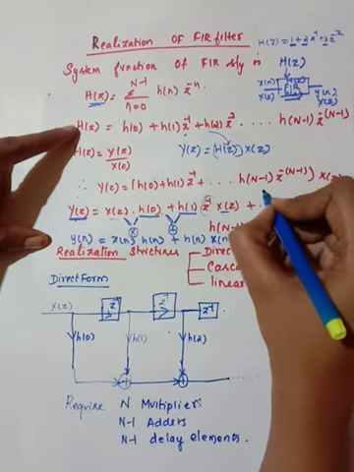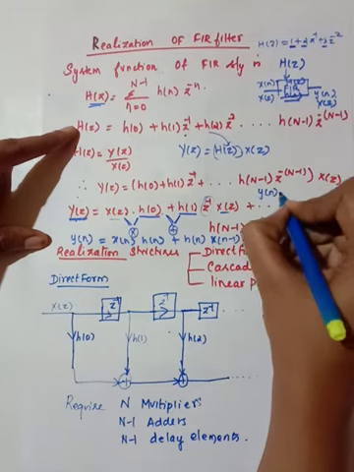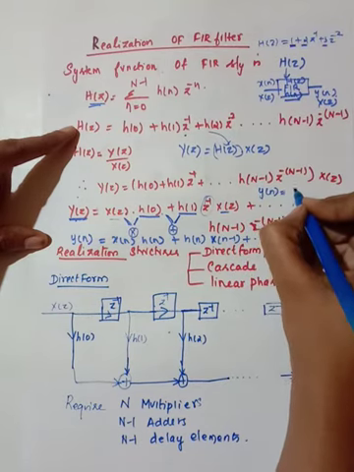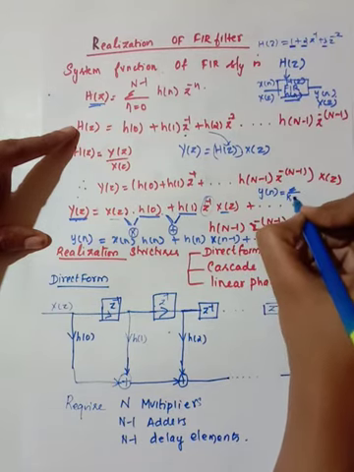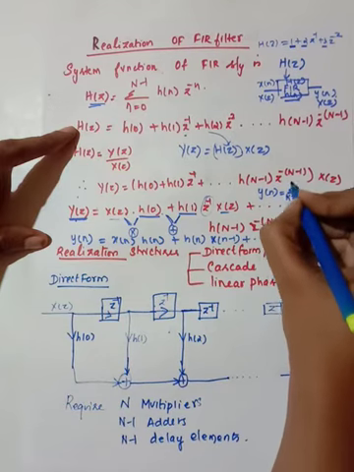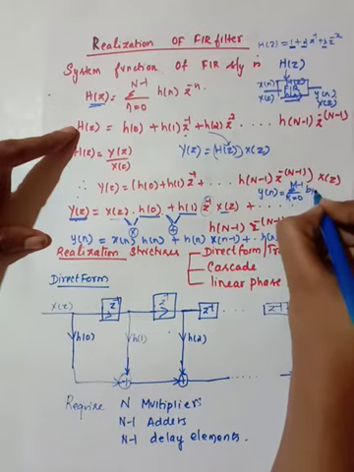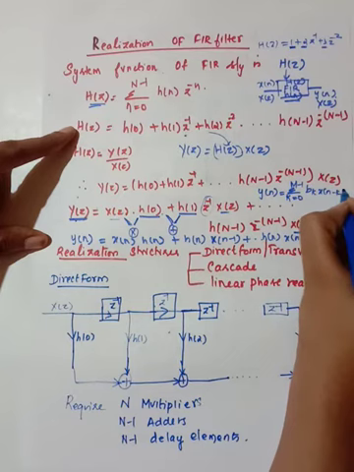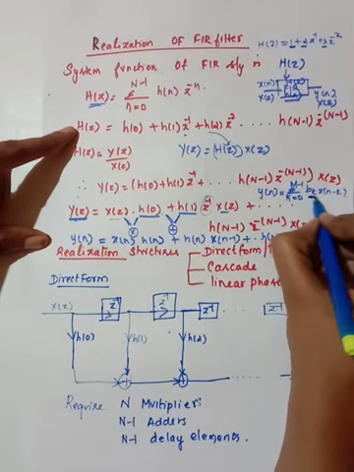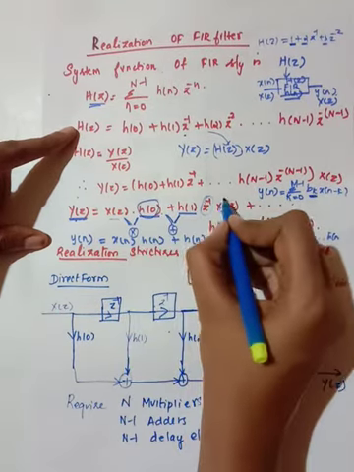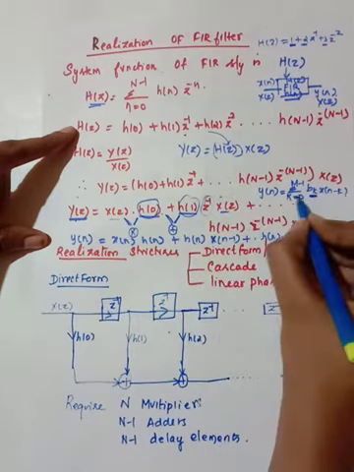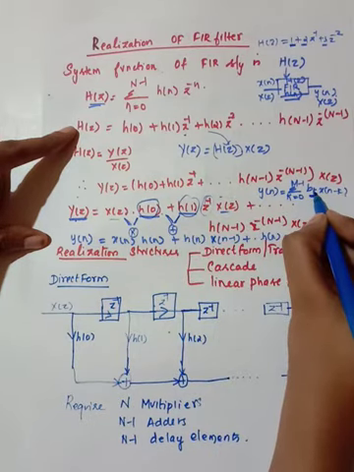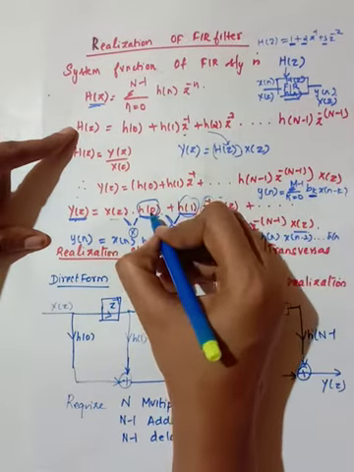In the first class itself we discussed one relation, that is summation k equal to 0 to m minus 1 of bk x of n minus k. Here bk is nothing but the impulse response. When you substitute k equal to 0 you will get b0, which is nothing but h of 0.